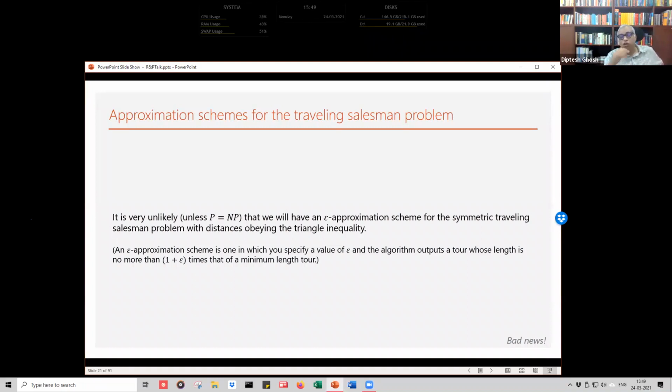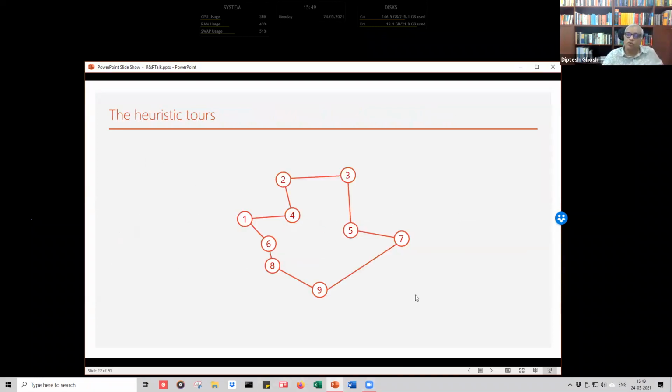To see what we want to do, let us take a look at the heuristic tours. If you have a heuristic tour like this, which was the output of my nearest neighbor heuristic, you can see that I can make small changes in this tour and come up with a better solution. So maybe this would be a better solution.